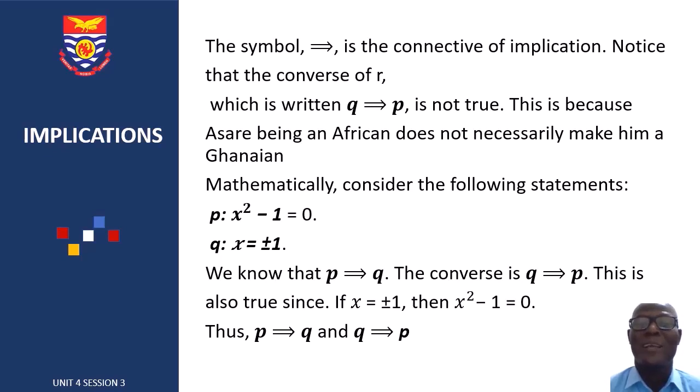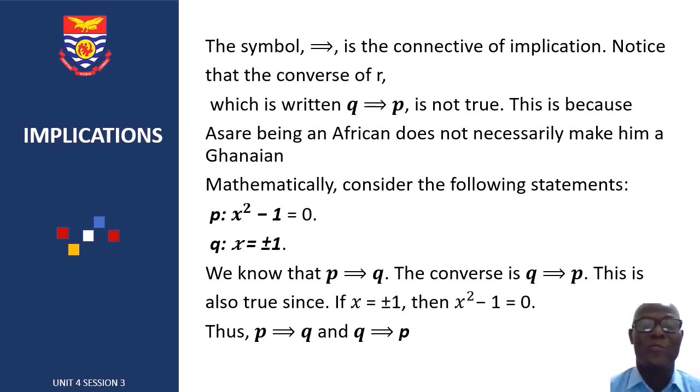And also mathematically, let's consider these two statements. X squared minus 1 is equal to 0. That is statement P. And statement Q, which is x is equal to plus or minus 1. Now, if P implies Q, then P is true when x is -1 or +1.